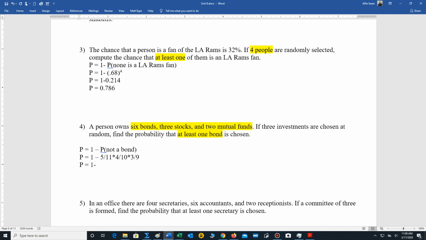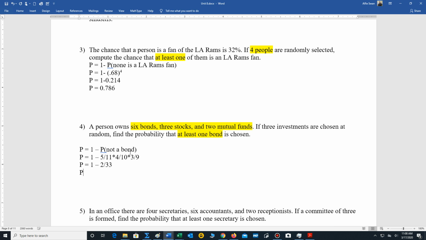And that's going to give us 2 out of 33. So it's 1 minus 2 out of 33 after you perform the calculations. And finally, 1 minus 2 out of 33 is 31 out of 33 when you subtract 2 out of 33 from 1.